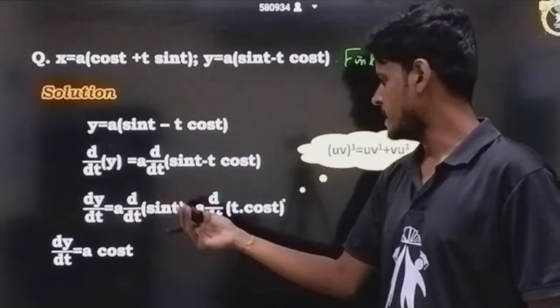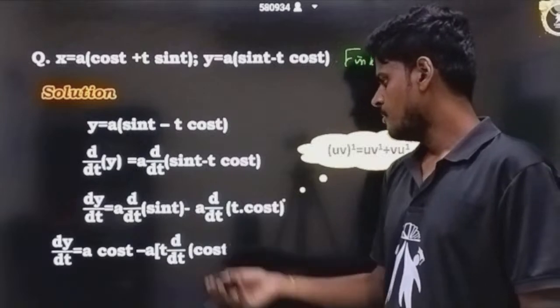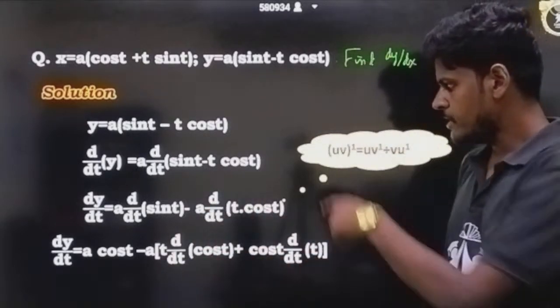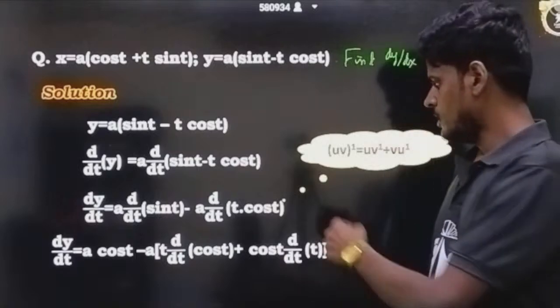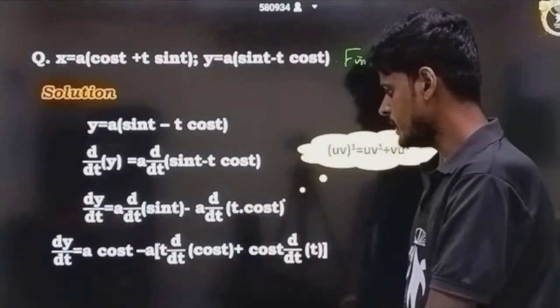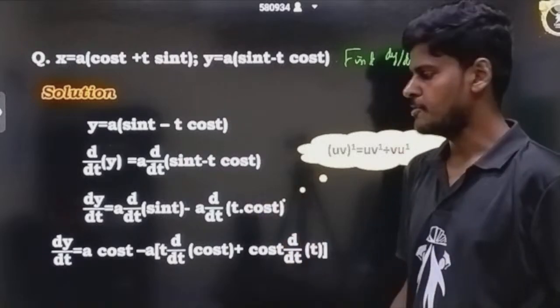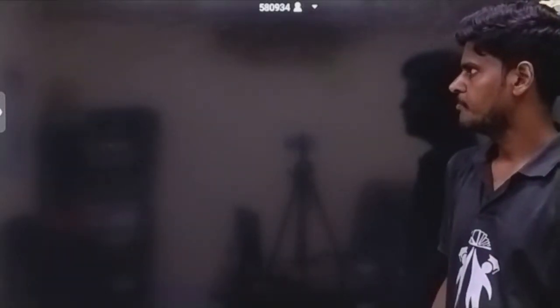First term, differentiation of sin t is cos t, minus a into differentiation of t cos t. Again we have to apply the product rule. t into minus sin t, differentiation of this, then cos t into differentiation of t, which is 1.